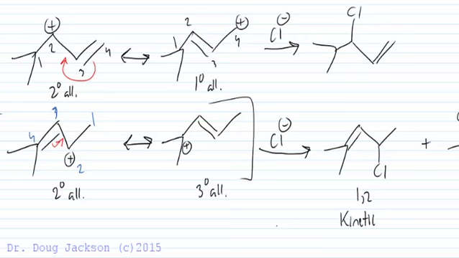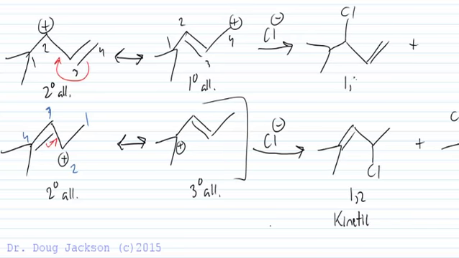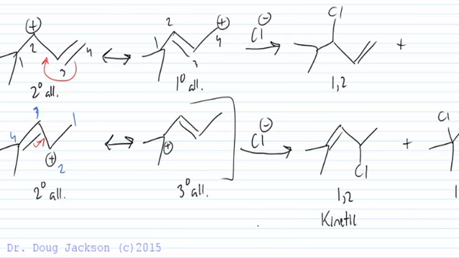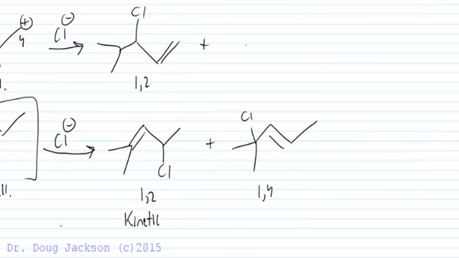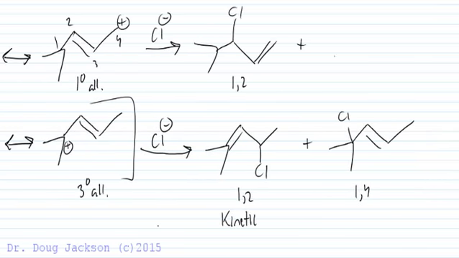This product is 1,2. It's not kinetic because it arises from a higher energy cation. And then here we have a 1,4 product. Neither of these two is more substituted than the original 1,2 kinetic product.